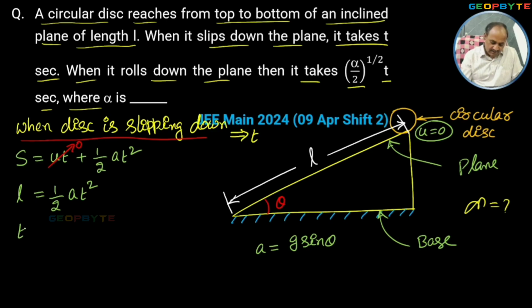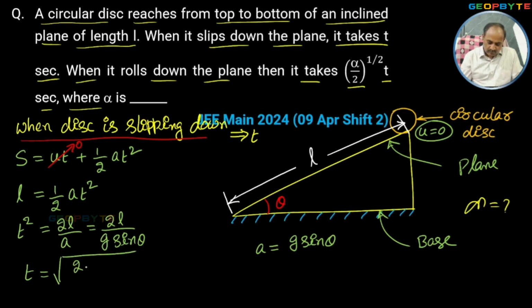From this I can write that t square equal to 2l by a, that is equal to 2l by g sin theta. Then the time taken for slipping down equal to 2l by g sin theta.